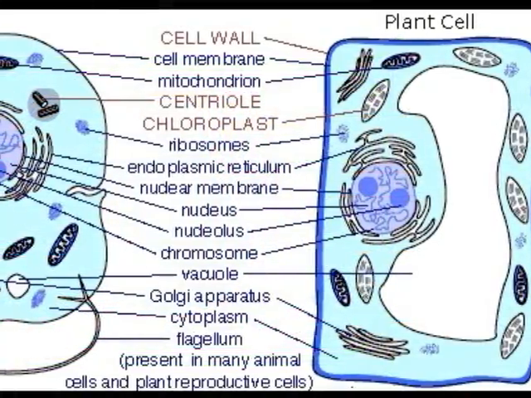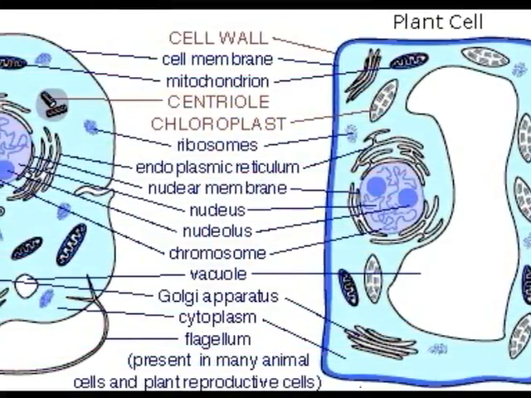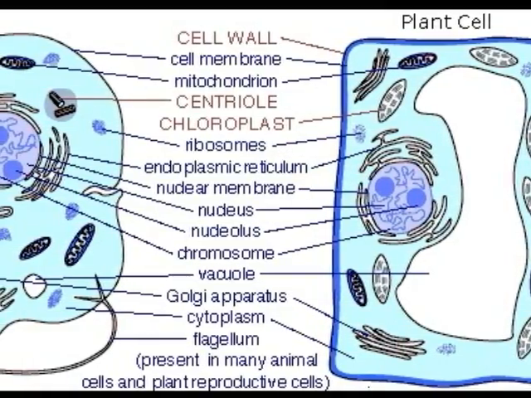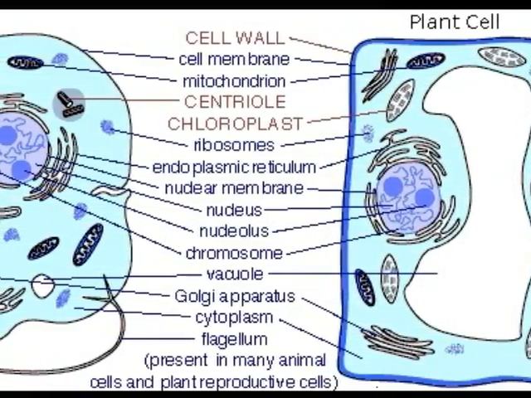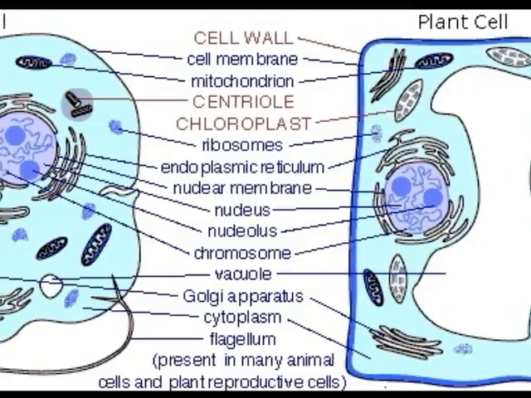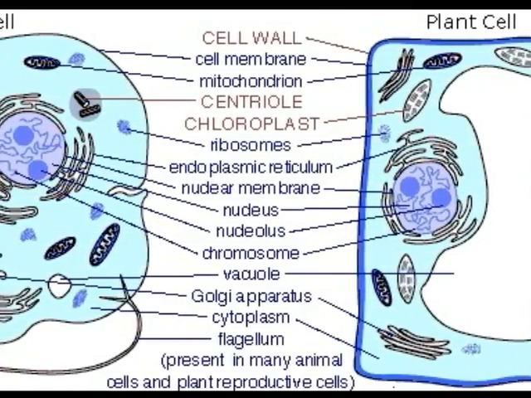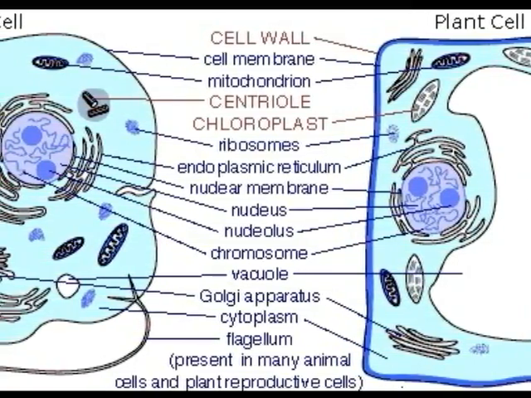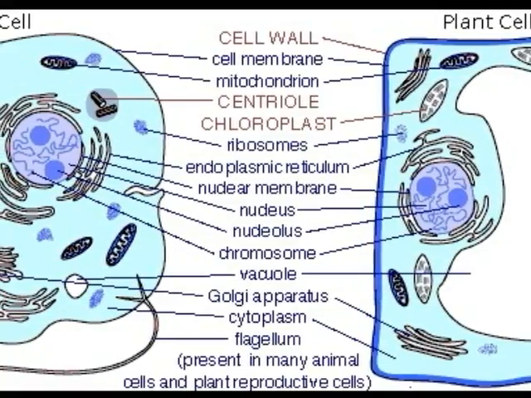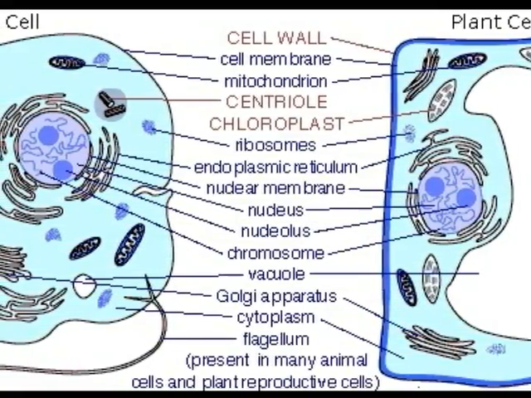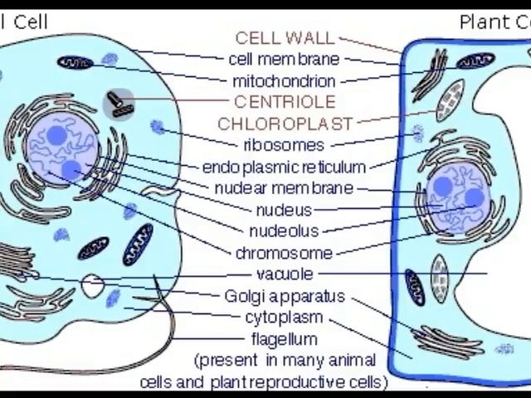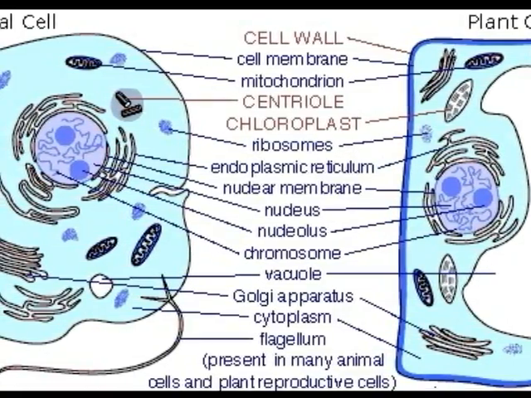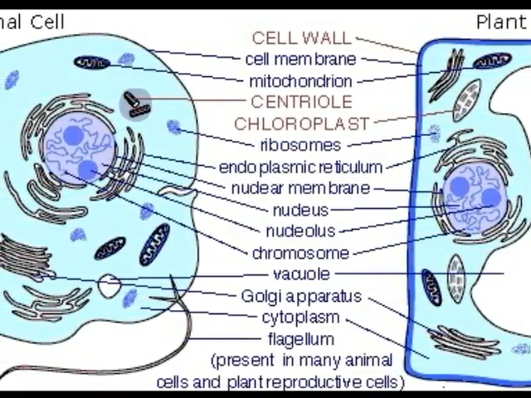You're probably asking, well, humans, what types of cells do we have? Well, we have animal cells. Maybe you're also wondering, well, why don't we have plant cells? Well, plant cells are much, like a billion times more advanced than animal cells.